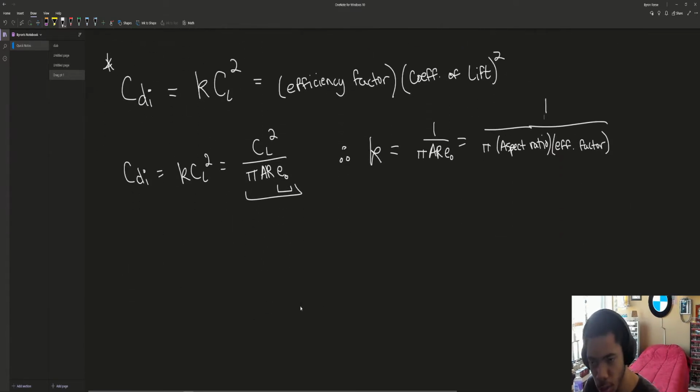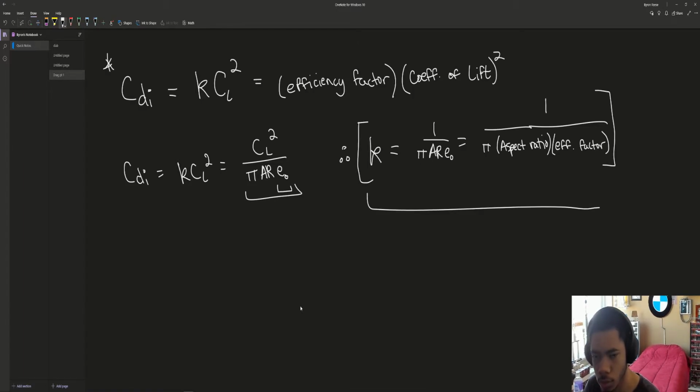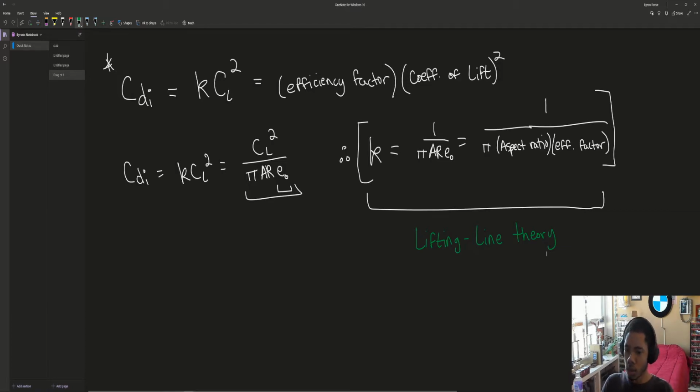And this entire thing right here comes from what's called the lifting line theory. The lifting line theory is a theory used in order to find the amount of lift that you get from a wing. It's one of numerous theories.